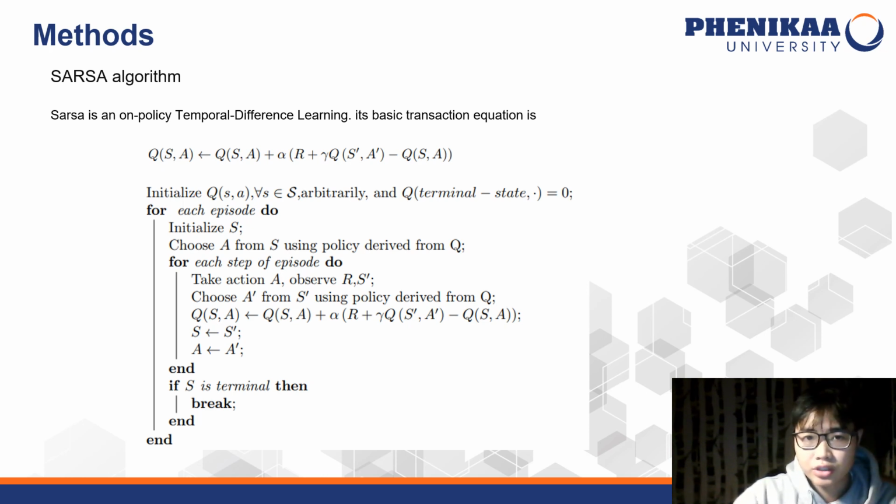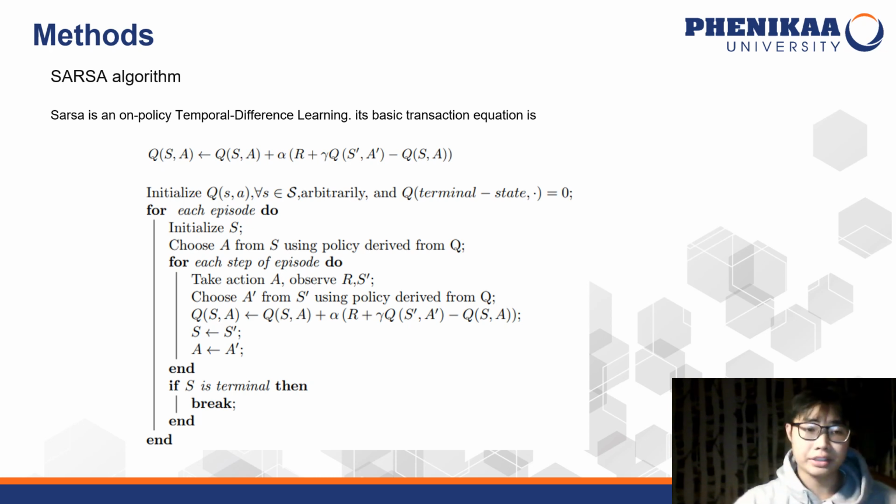Its basic update equation is: Q of state and action equals the current Q value of the state and action plus alpha multiplied by the reward plus gamma times the Q value of the next state and action, minus the current Q value of the initial state and action.